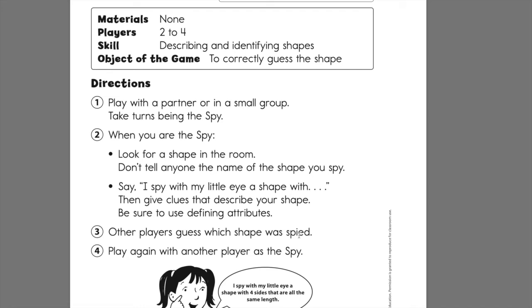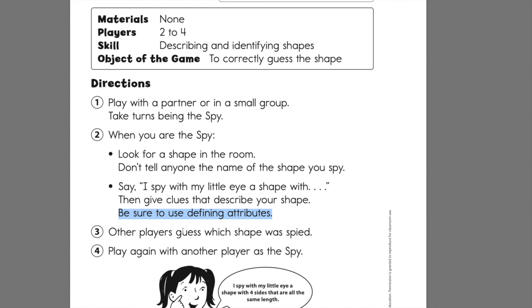So you're probably used to playing I Spy with colors. Today you're going to play it with shapes. Maybe you'll say, I spy with my little eye something that has 4 sides and 4 corners. The game says to be sure to use defining attributes.